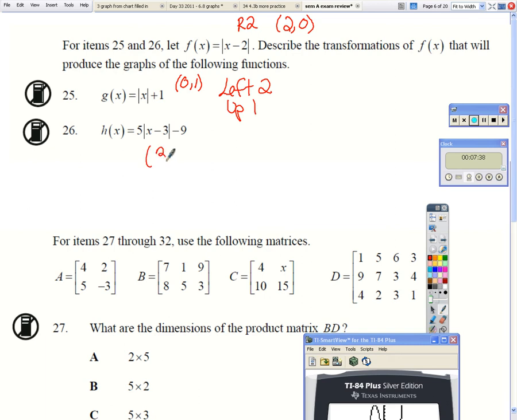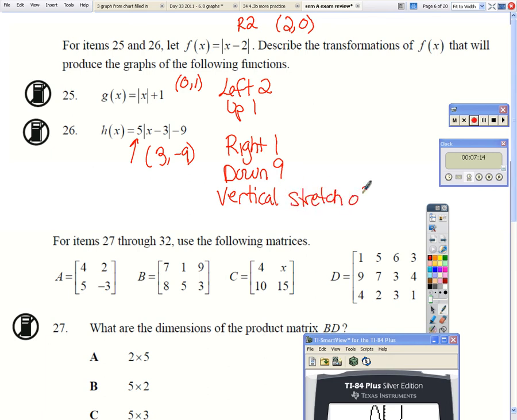This vertex is at 3, negative 9. So to go from 2, the start, to 3, we went to the right 1. And then down 9. And this 5 in the front is a vertical stretch of 5.